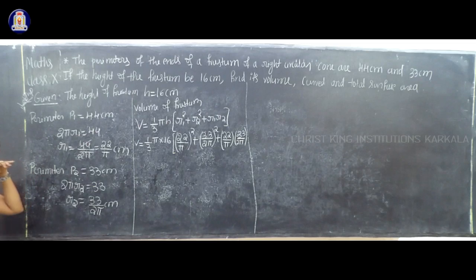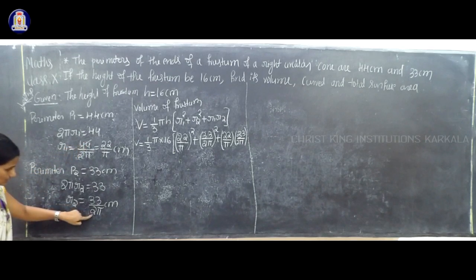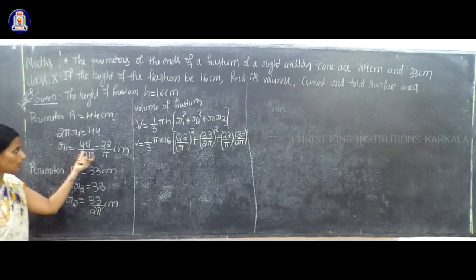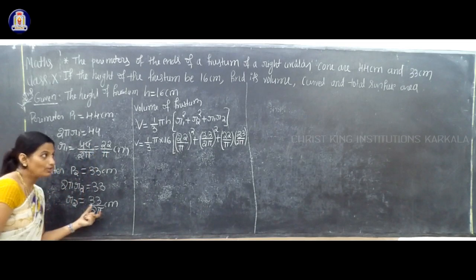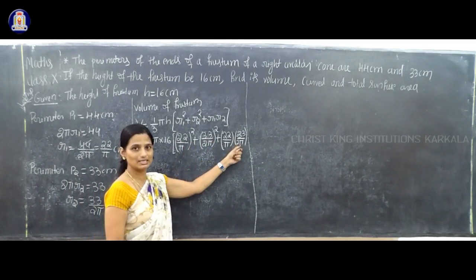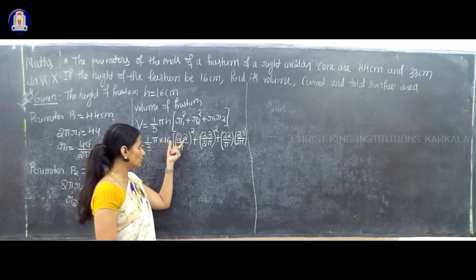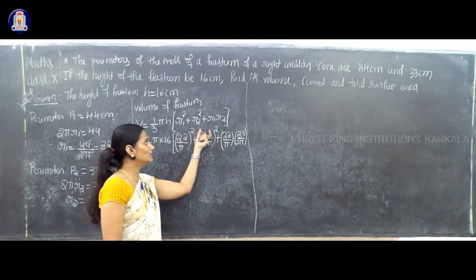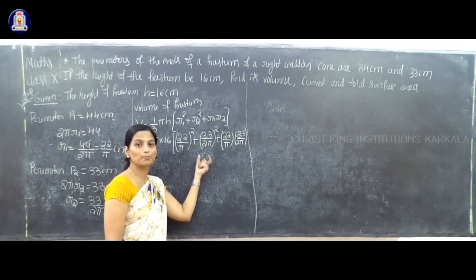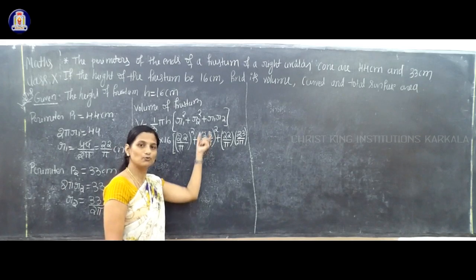See the difference here. Here I have cancelled 2 and 22, and here it is 2 pi. Here the denominator is pi, here the denominator is 2 pi, so it is difficult to take LCM. You may get confusion, right? So 22 square divided by pi square, 33 square divided by 4 pi square. 2 pi square means it is 4 pi square.